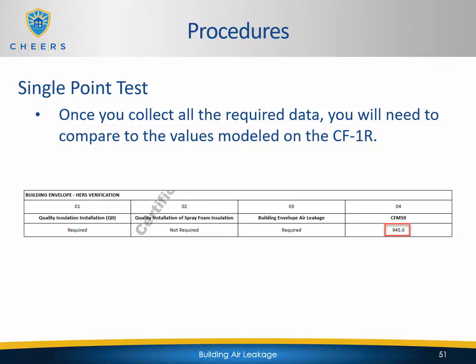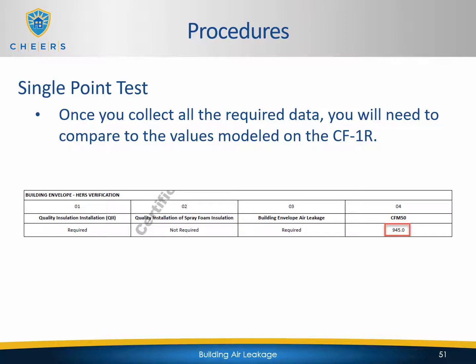The easiest way to do this is to take your value and jump into the CF3R ENV20, or CF2R if you're doing this test for the contractor, which oftentimes happens. Enter in all of your data there. That form will automatically perform those adjustments and calculations and give you your final CFM50, your adjusted CFM50, and that's the value that will be compared.